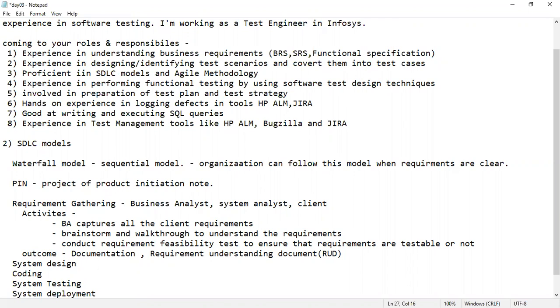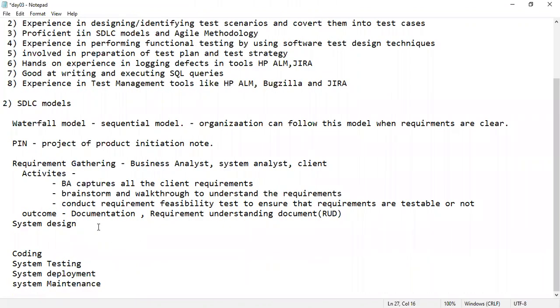The next one, system design. What is system design? Who will be involved in system design? Basically, let's take the example of a movie. Initially, they will work on the story creation, story narration, everything.